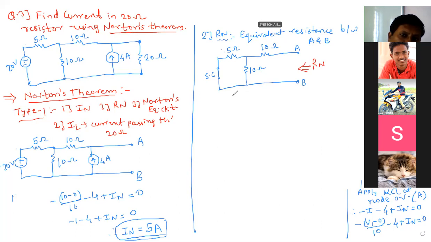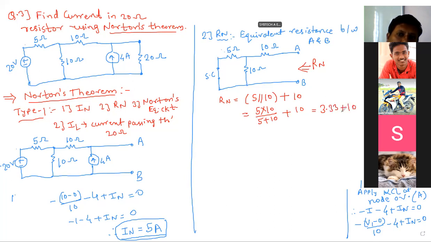So how the 5 and 10 are connected? Series or parallel? Parallel. Yes, 5 connected parallel with 10. That is in series with this 10. So 5 parallel 10, you can calculate 5 into 10 divided by 5 plus 10. This plus as it is. So it will give, I think, 3.33.